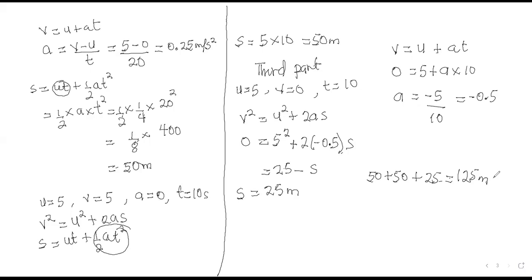It maintains this velocity for 10 seconds. So this velocity, which velocity? 5 meters per second is maintained for 10 seconds. Second part of the motion. And then decelerates to rest in a further 10 seconds. So when you listen to the question, you can deduce the various stages of the problem.